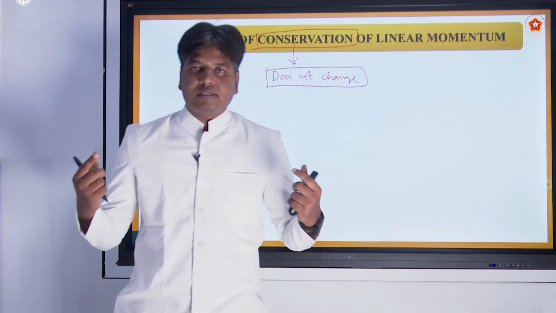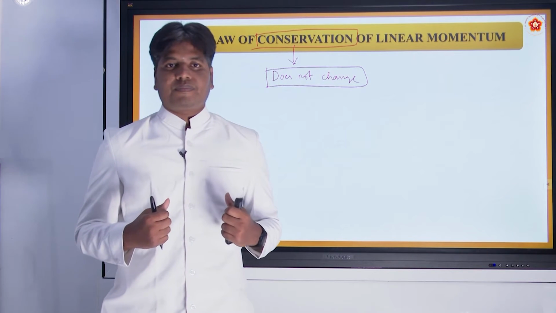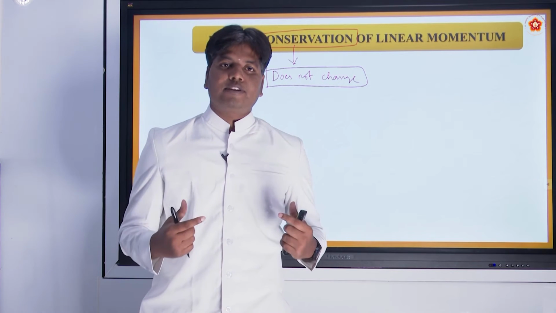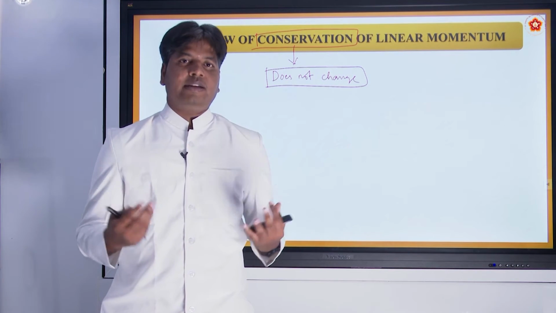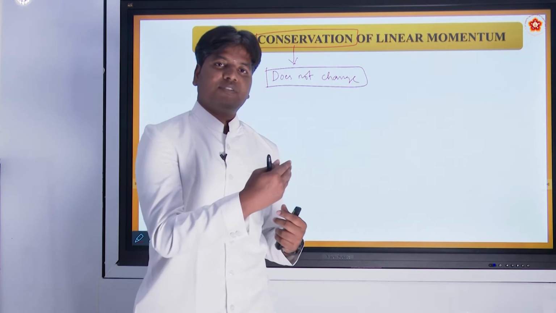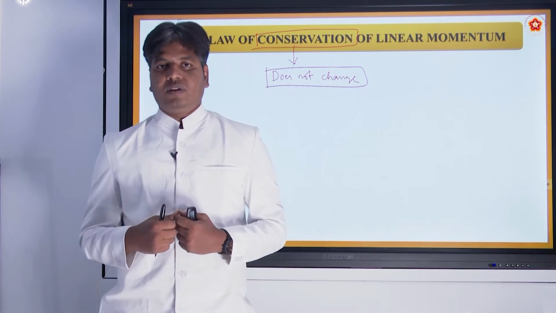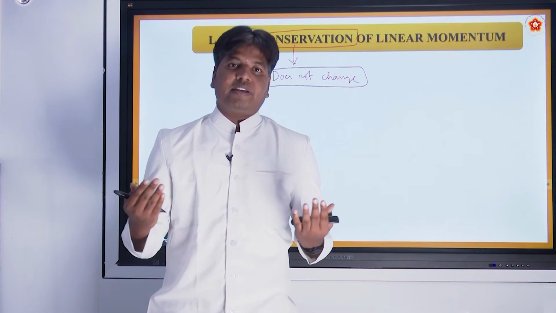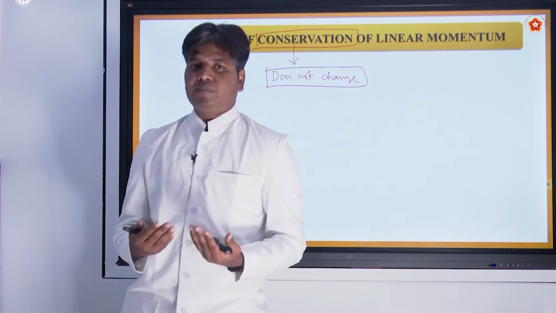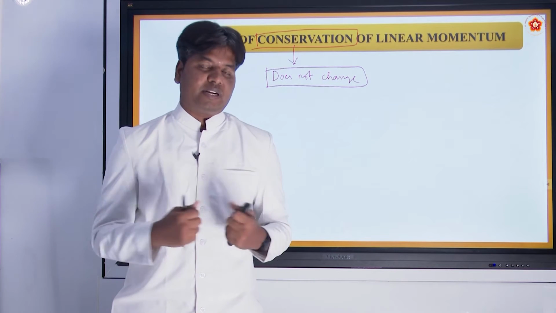According to Newton's second law, when there is an external force, there will be a change in momentum. That's what it sums up. If you have an external force, you have a change in momentum. So force is equal to (pf minus pi) by t, that is, final momentum minus initial momentum divided by the time it took to change its momentum.